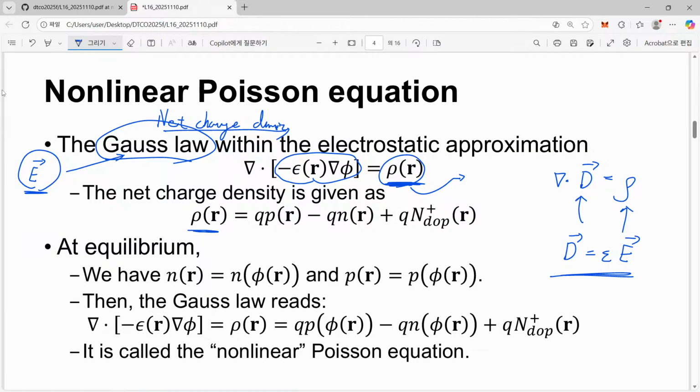For example, in some cases we consider a sensor system, filled with water, and in that case we can have many ions inside this water. If we have, for example, a positive ion, then that can also contribute to this kind of net charge density.